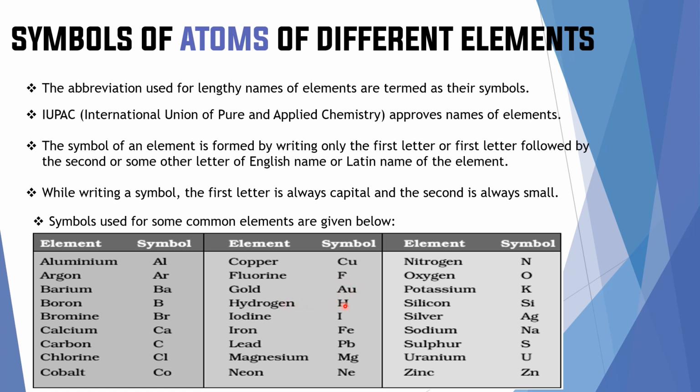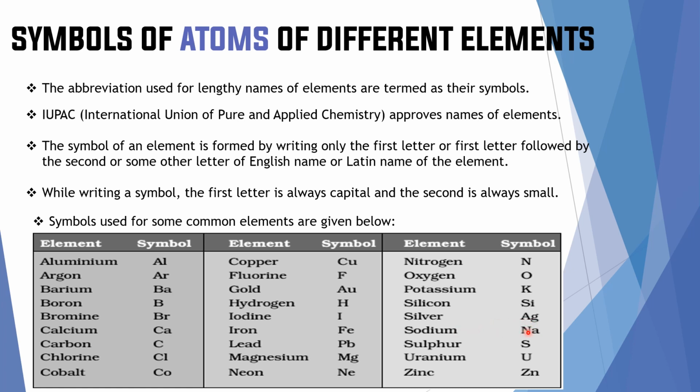Hydrogen, H. Iodine, I. Iron, Fe, ferrum, a Latin word. Lead, Pb, plumbum. Magnesium, Mg. Neon, Ne. Nitrogen, N. Oxygen, O. Potassium, K, kalium, its Latin name. Silicon, Si. Silver, Ag, argentum.